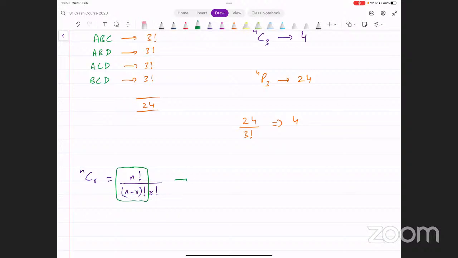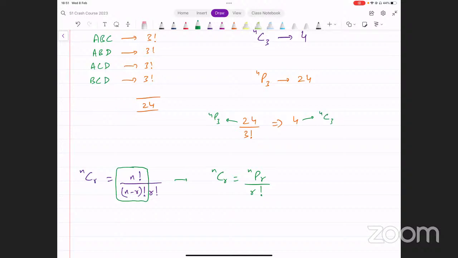So this thing can actually be written as nCr equals nPr over r factorial. And that is exactly what's happening here. In the numerator, this is 4P3, and you're dividing that by 3 factorial, and that is giving you the number of combinations, which is 4C3.